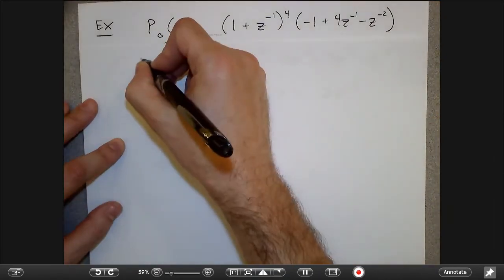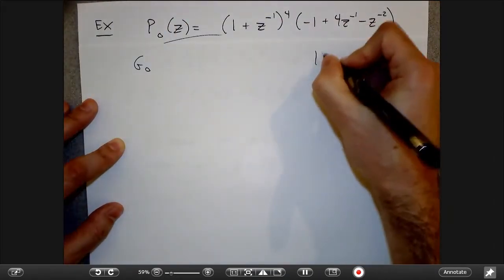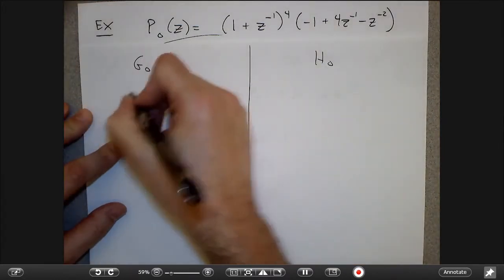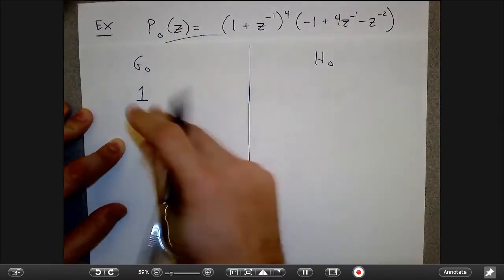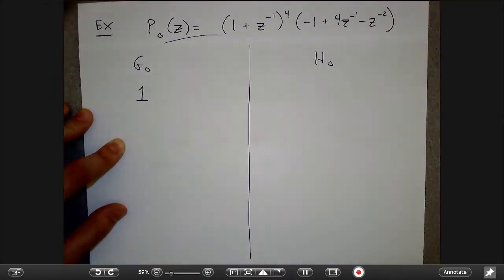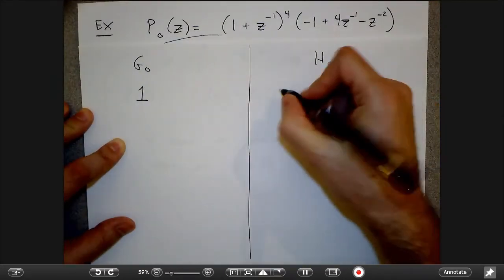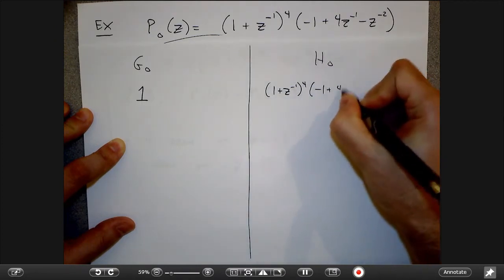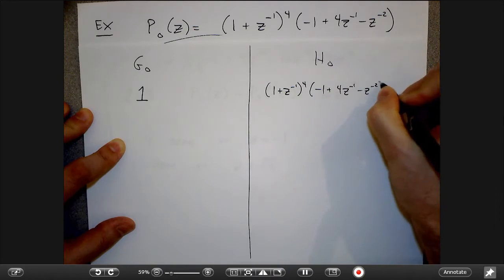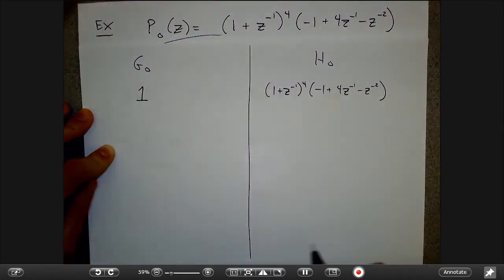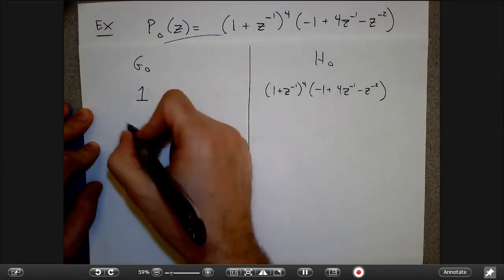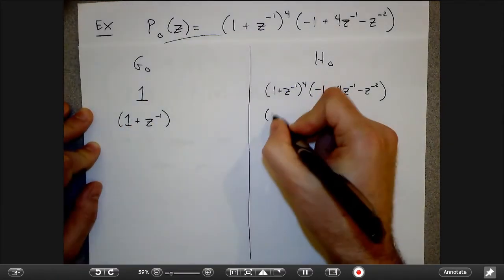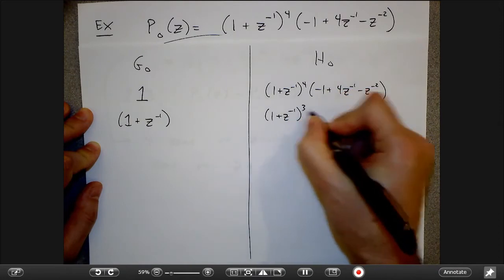That's like saying, okay, so if I have G0 and H0, well, one possibility is, I could just have one of these filters be 1. That's like just passing the signal straight through. And the other signal would have all the zeros. Or I could say, okay, I'm going to take one of these guys over here, and then I'm going to leave all the rest of the zeros over here.